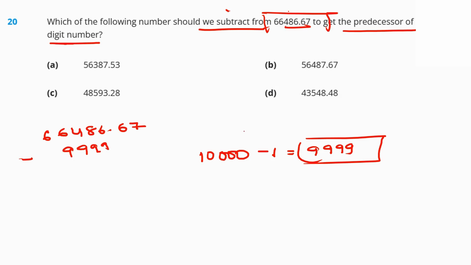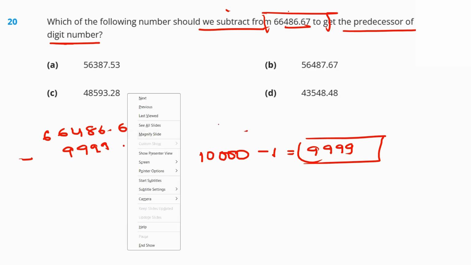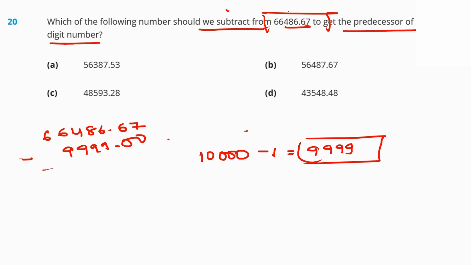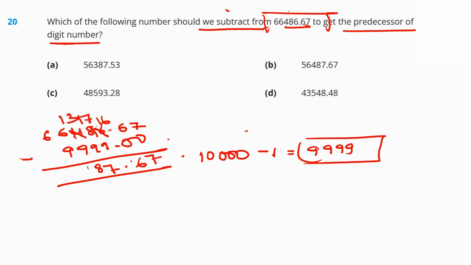If we subtract this, how much would we get over here? We just subtract: 6 becomes 16, minus 9, 16 minus 9 is a 7 over here. 8 becomes 7, cannot be subtracted, 17 minus 9 is 8. 4 becomes 3, 13, 13 minus 9 is a 4 over here. 6 becomes 5, 15, 15 minus 9 is 6, and 6 becomes 5.